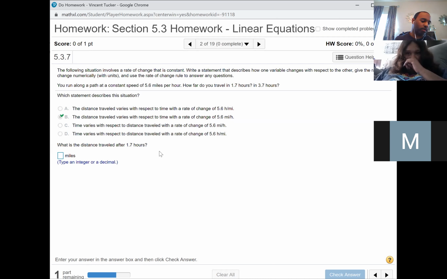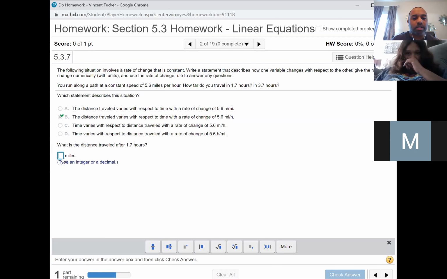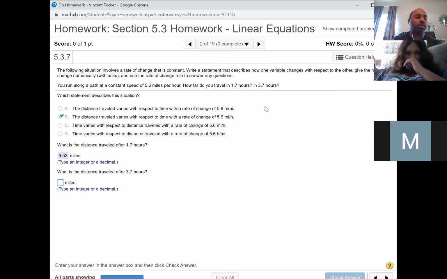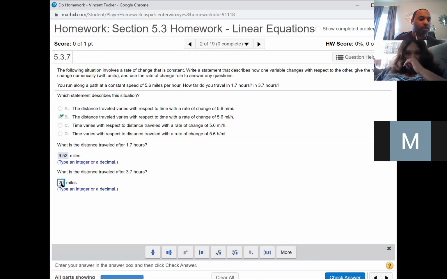My calculator can work. That should be 9.52. And then you take that same 5.6, multiply it times that 3.7. That's 20.72.